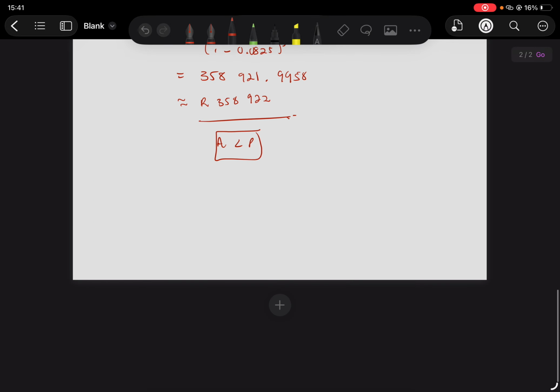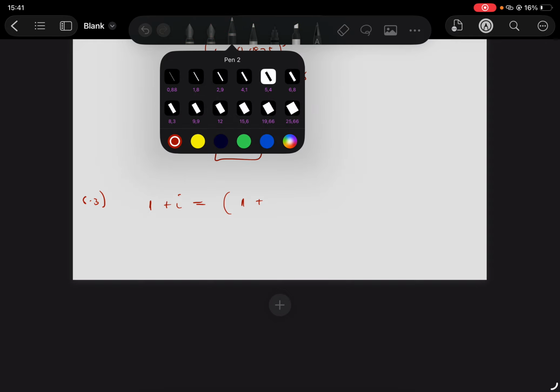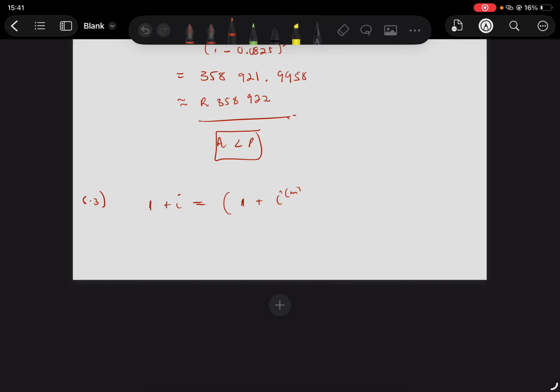We know the formula for converting an effective interest rate to a nominal interest rate: 1 plus i is equal to (1 plus i_m over m) to the power m, where if it is compounded quarterly, your m is equal to 4.